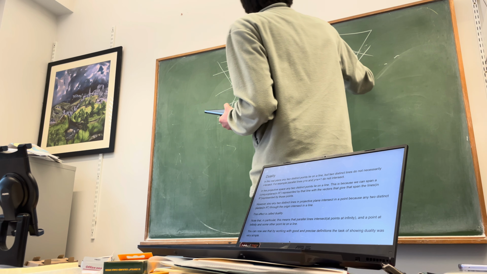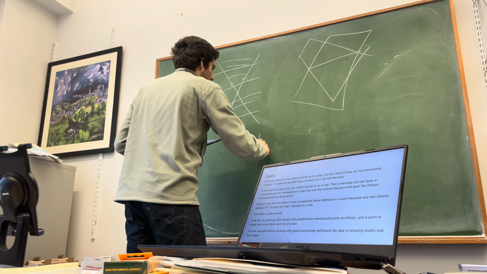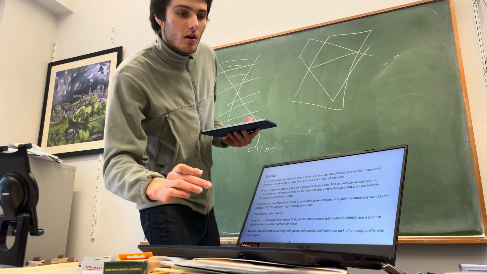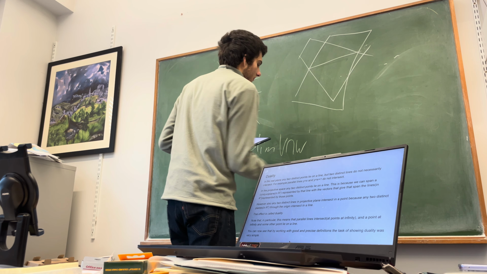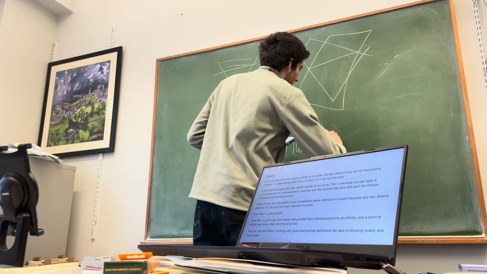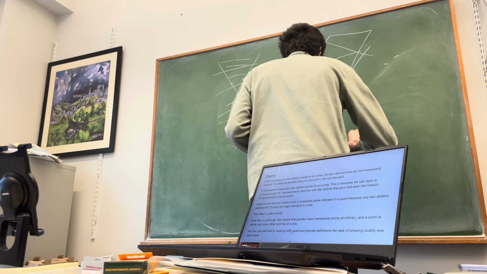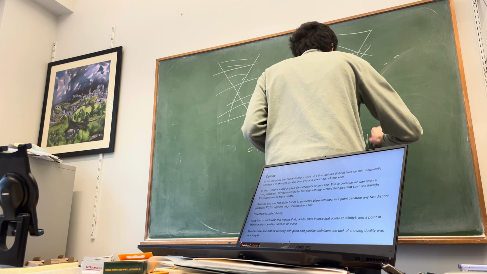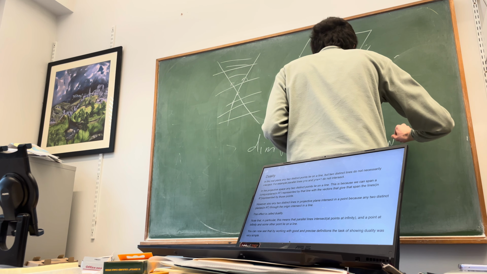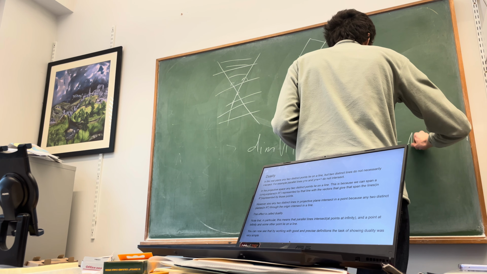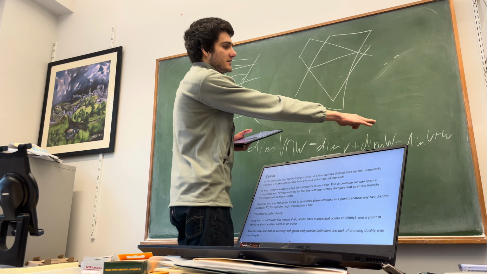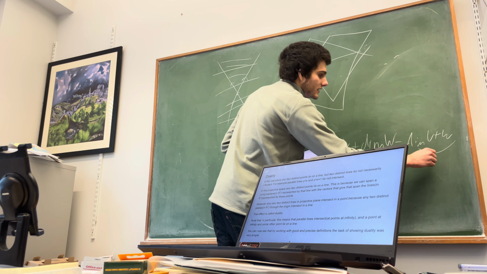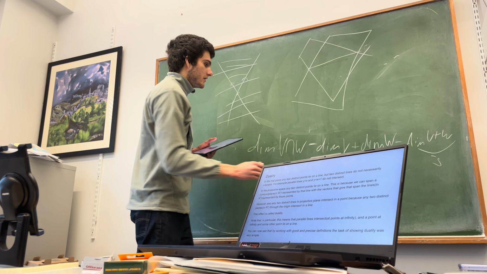I'm just going to invoke the dimension theorem here. If V and W are your planes, then the dimension of V plus the dimension of W minus the dimension of V plus W. Since these are distinct planes, they're going to span the whole of R3.